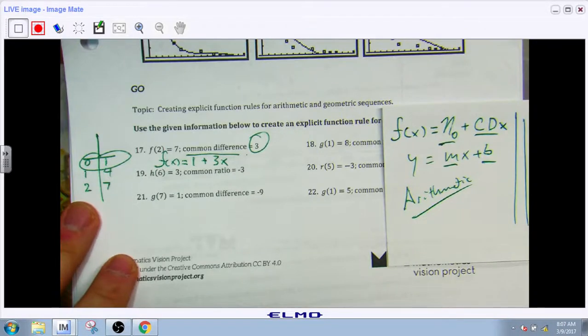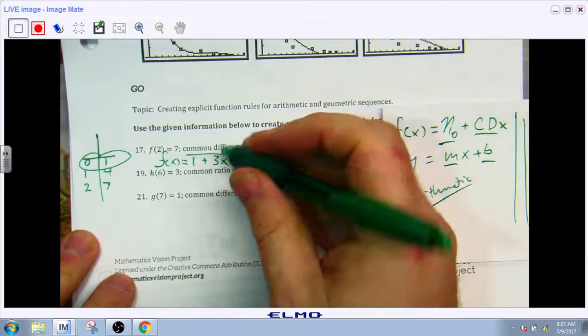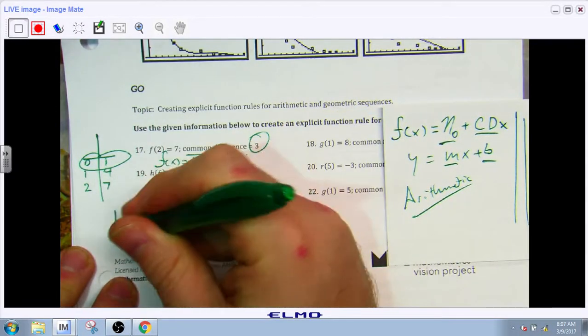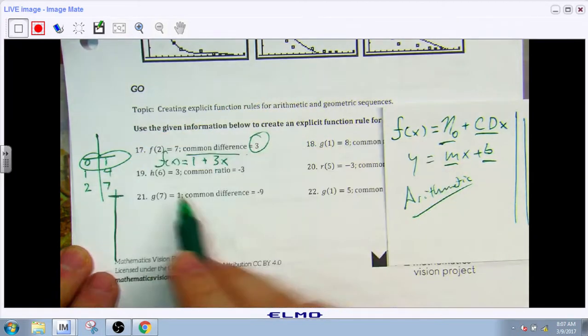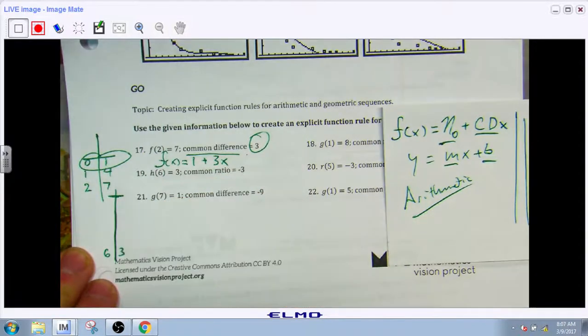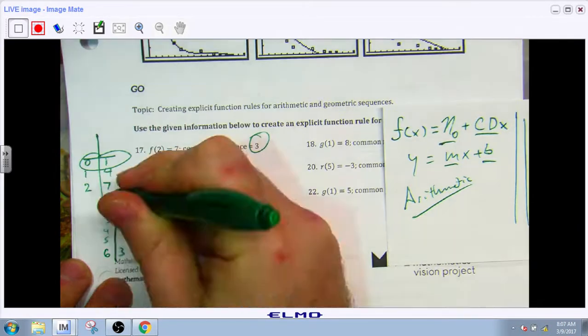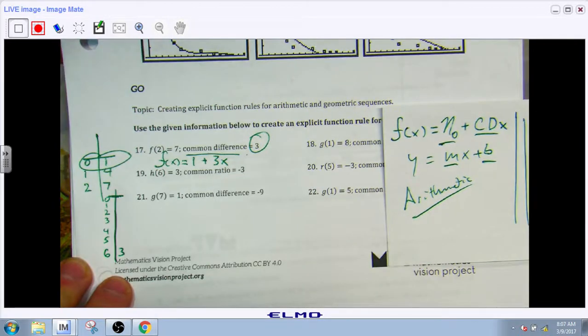And we can do this for all of them, like I'll do number 19. So we have h of 6 is 3. We know our common ratio is -3. Okay. So this is going to be a bigger t-chart. So I know 6 is 3. If I'm going to work backwards, 5, 4, 3, 2, 1, 0, I'm going to have to divide by -3 each step.